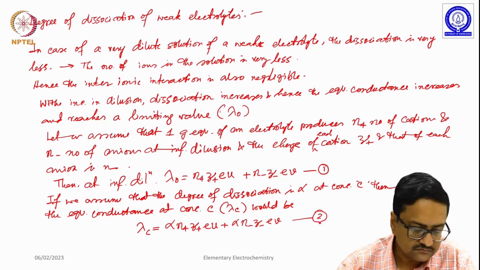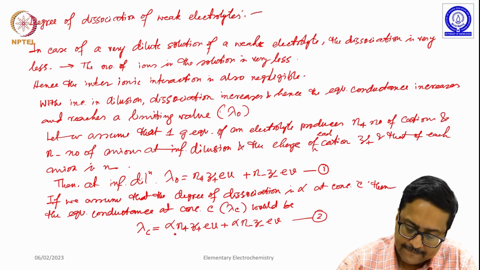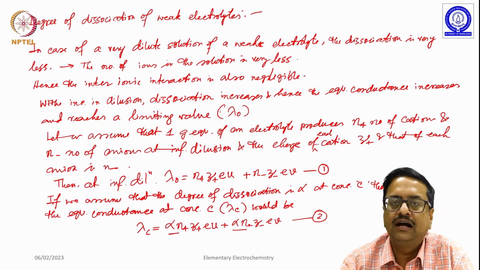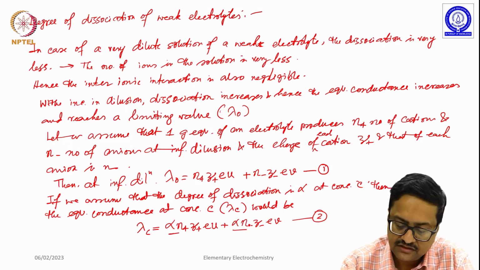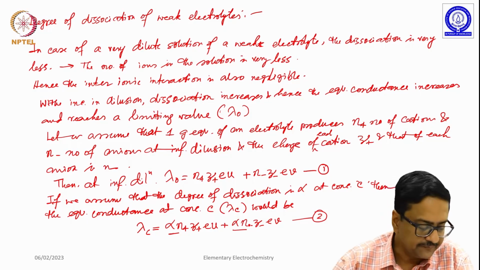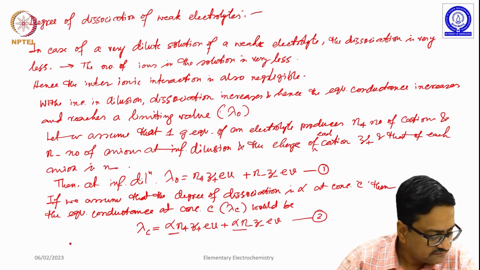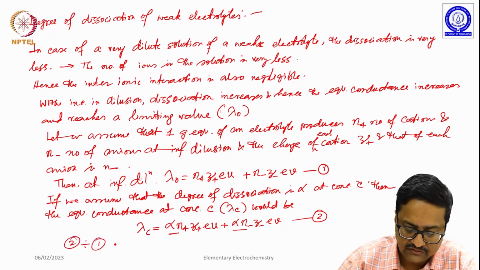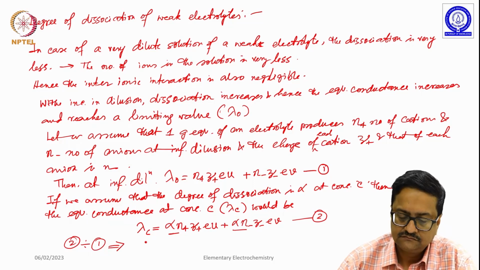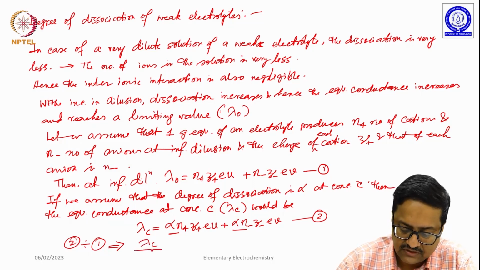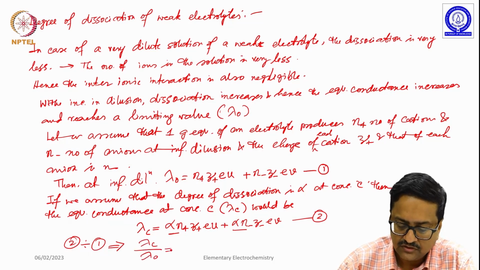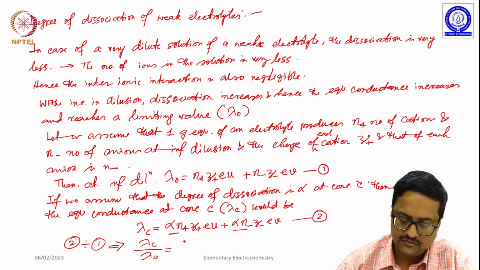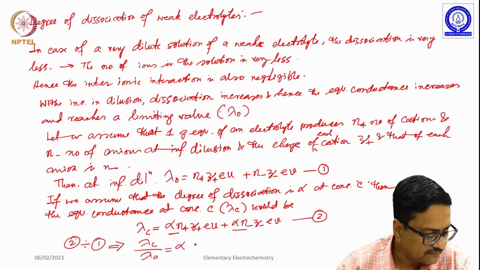Now this alpha n plus and alpha n minus are the number of cations and anions in the concentration C. So now if you divide equation 2 by equation number 1, lambda C by lambda 0, if I take alpha out, it is equal to alpha.